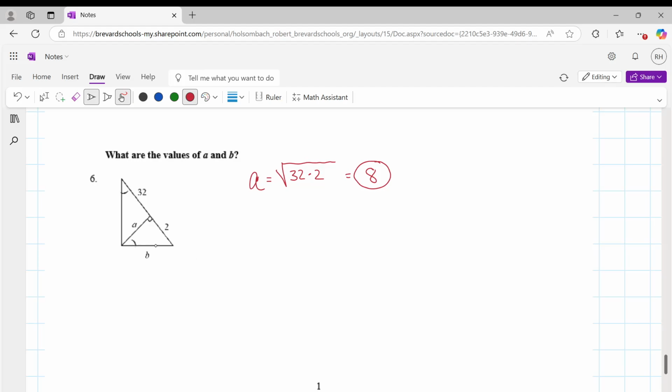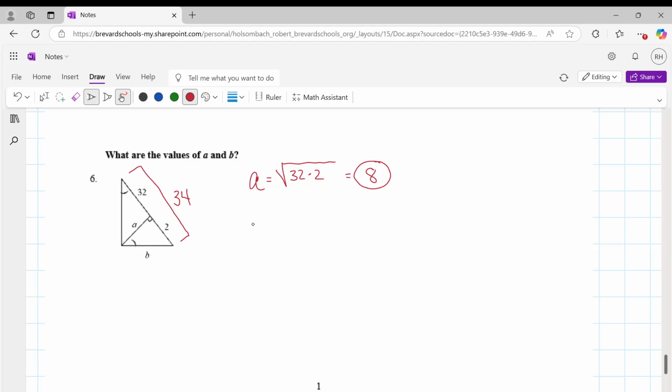And then this leg of the triangle, B, is equal to the geometric mean of the entire hypotenuse. All right, what's the length of that entire hypotenuse there? 34, good.